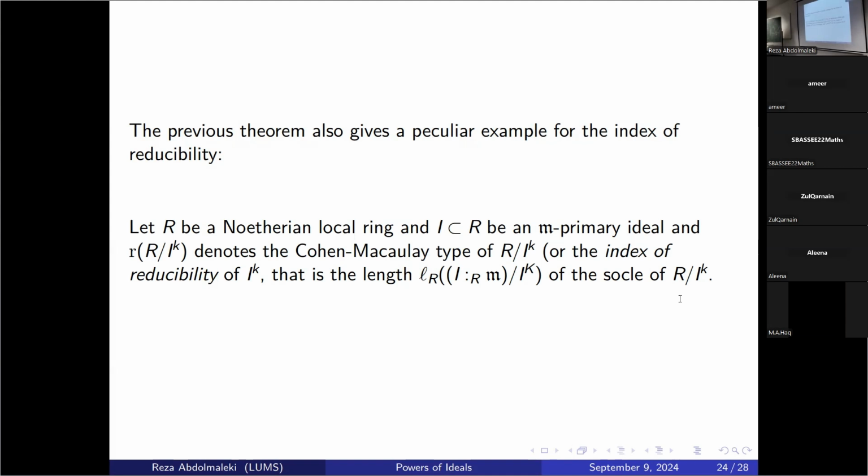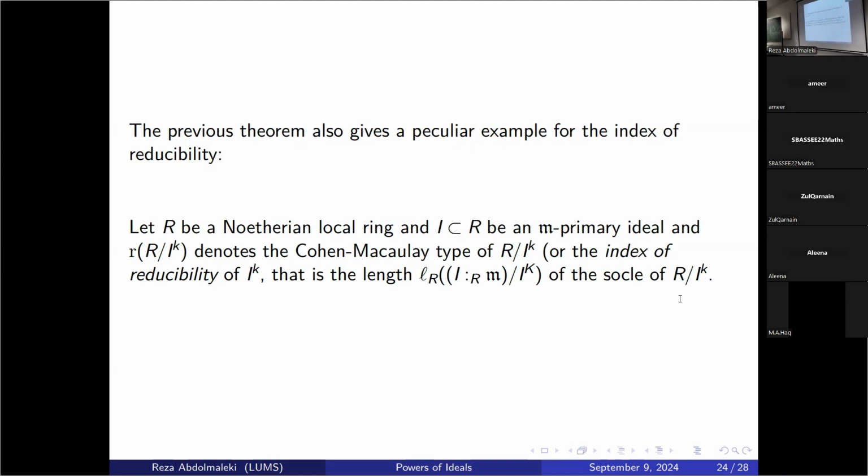The higher Cohen-Macaulay type means the more complex singularity, which means worse case. But we can also interpret it as the index of reducibility of primary modules.